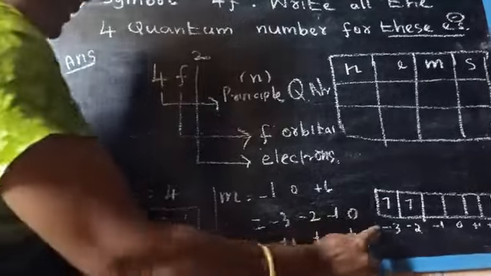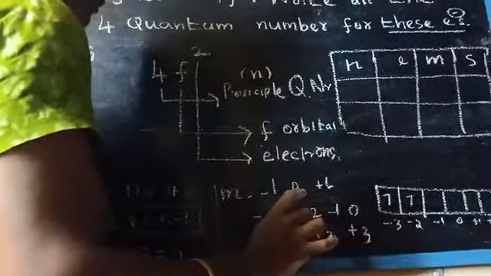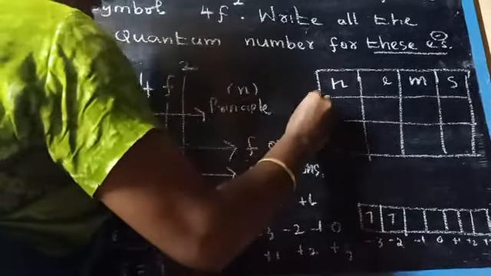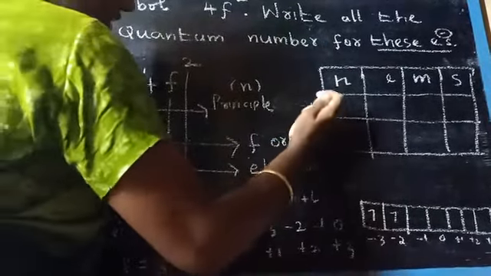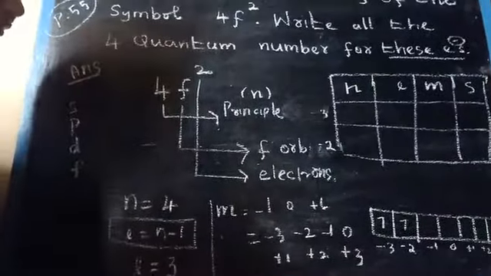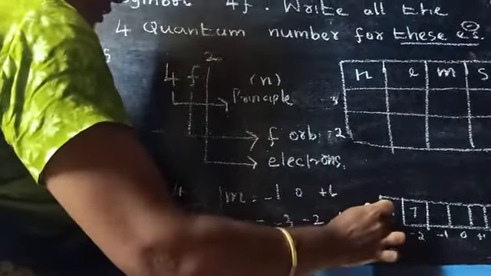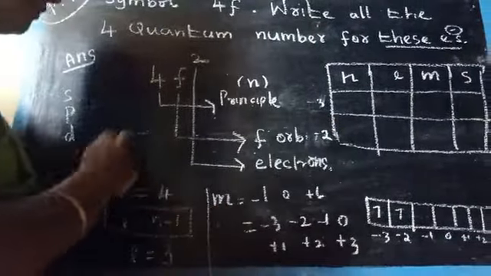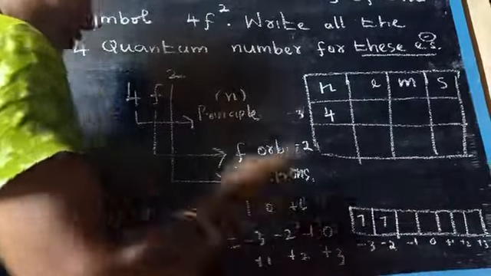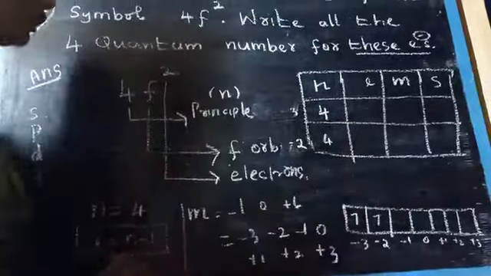First take this minus 3 and next minus 2. About these 2 electrons, we are going to fill. In minus 3, for this electron, what is the n value? The n value is 4. For this minus 2 also, the n value is 4, no problem.